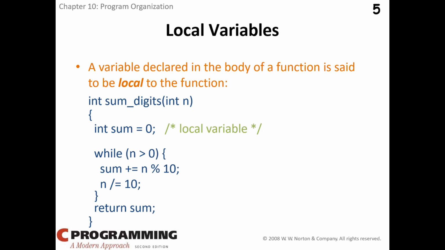This variable sum is what we call a local variable because it exists only within the SUMDigits function. Within the function, we perform an operation using sum, which in this case involves summing up the digits of a number n. Once the operation is complete, the function returns the value of sum.